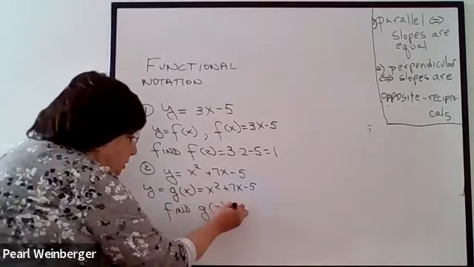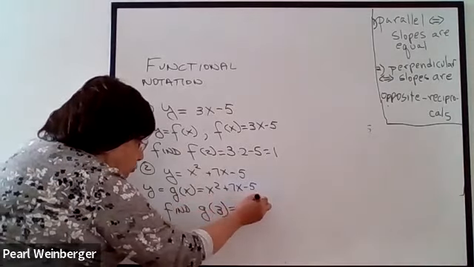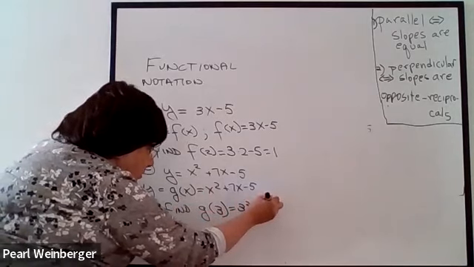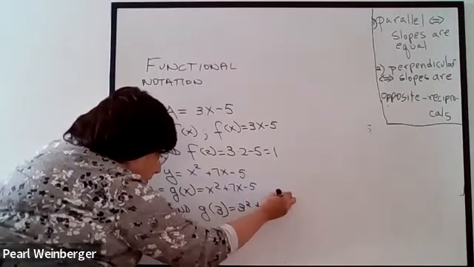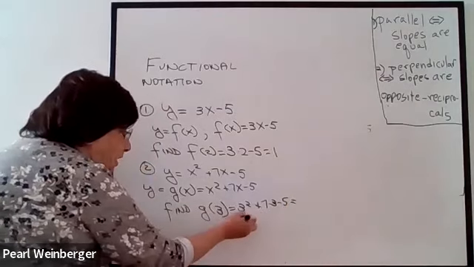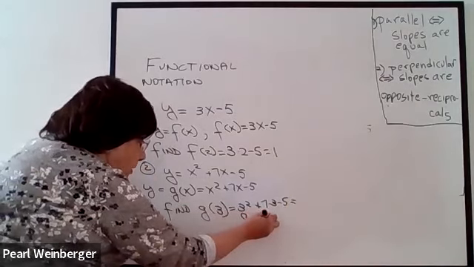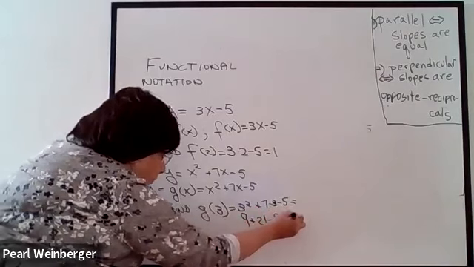And all you have to do is, again, replace the x with 3, which is what we did before. This gave us 9 plus 21 minus 5, which gave us 25.